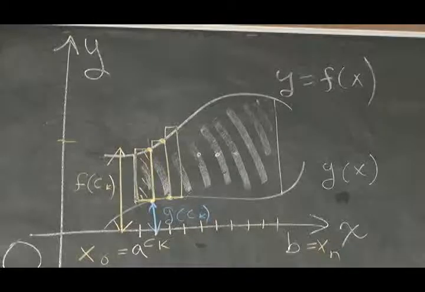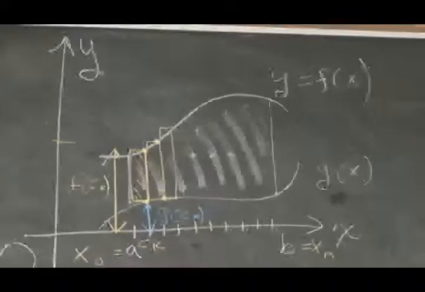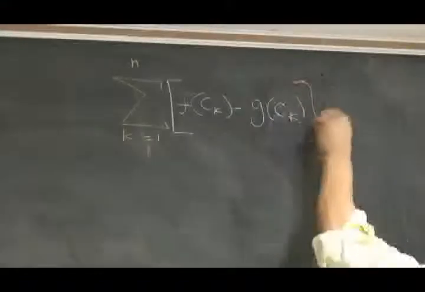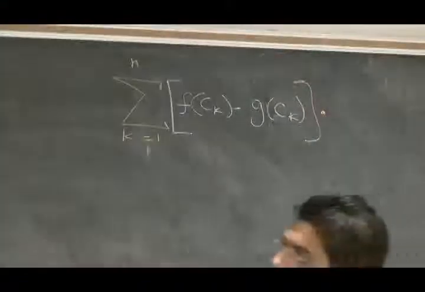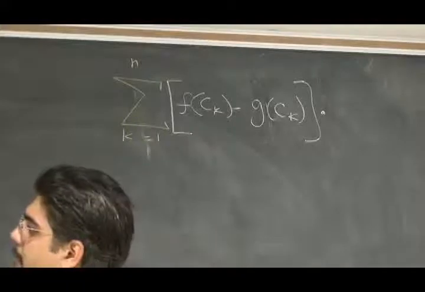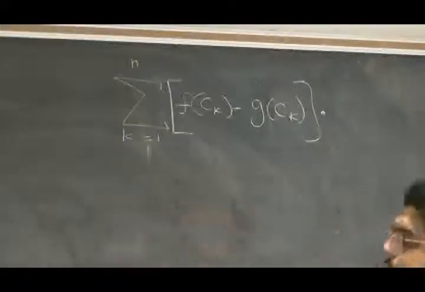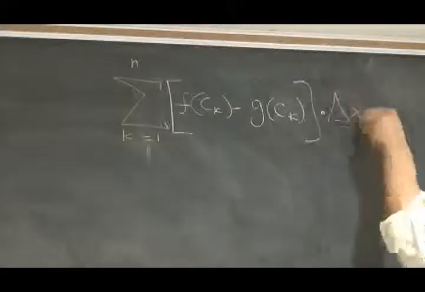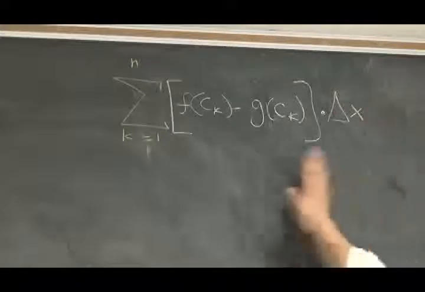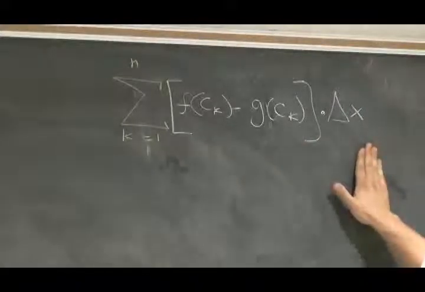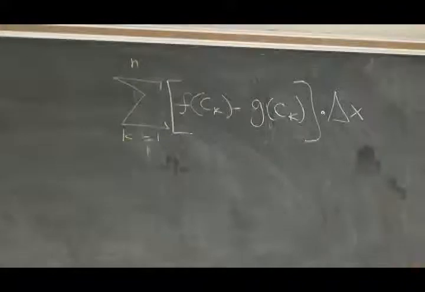So the area of one rectangle is going to be the height, which is f of c sub k minus g of c sub k, times the width. And the width of the rectangle is basically the width of the subinterval, right? Which is delta x. So this estimates the area between the curves f and g.